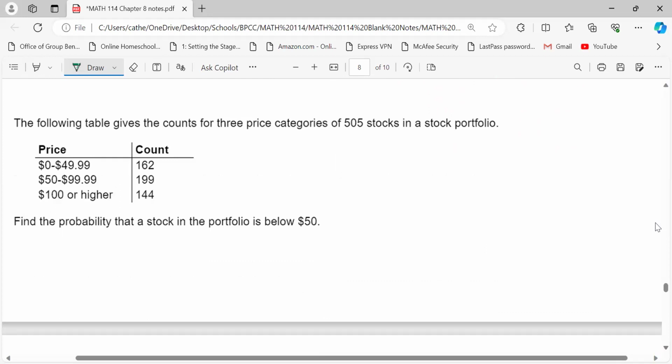The following table gives the counts for 3 price categories of 505 stocks in a stock portfolio. Find the probability that a stock in the portfolio is below $50. So how many are below $50?